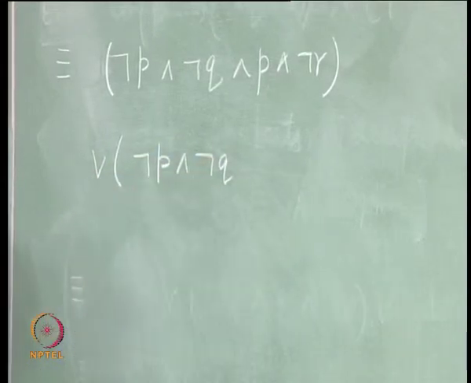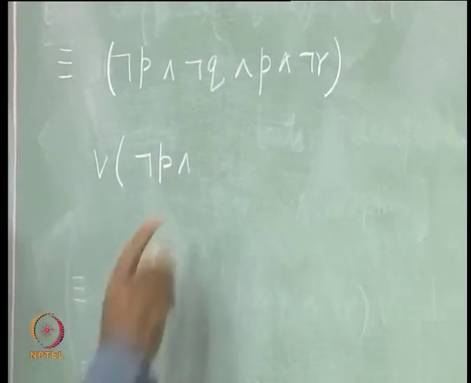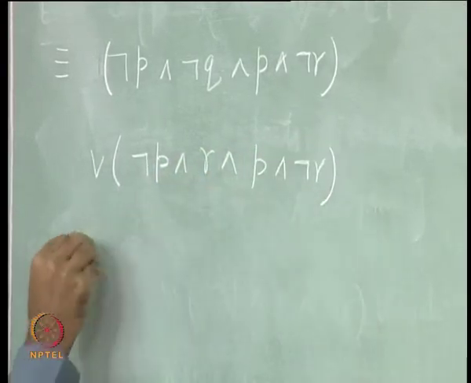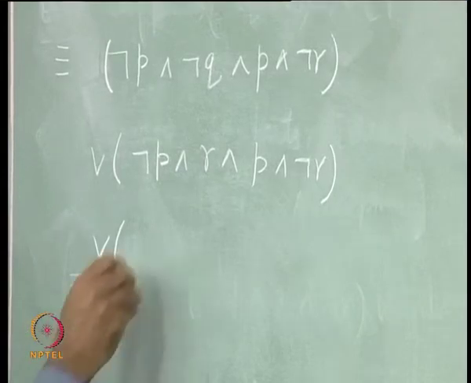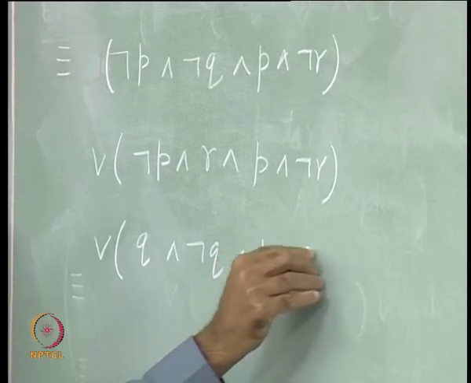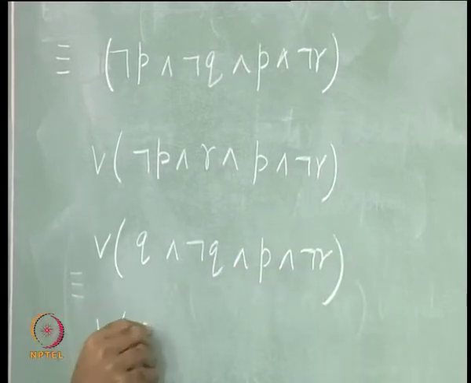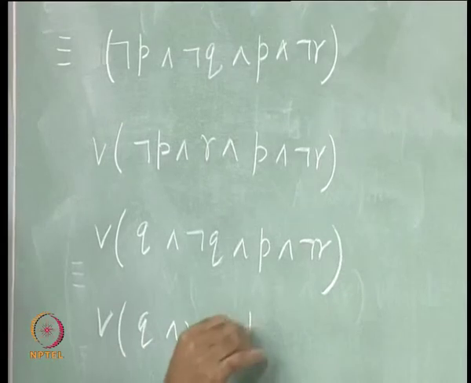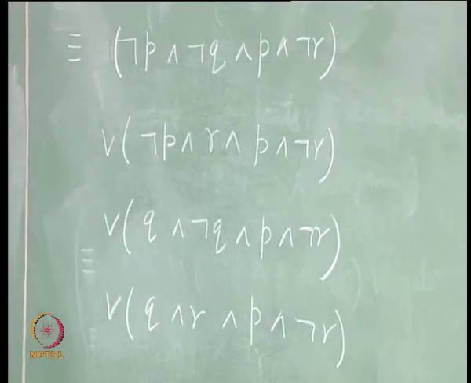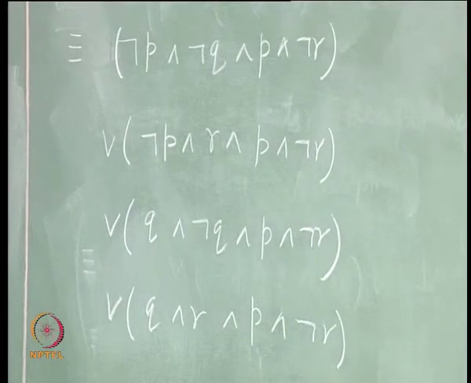So, I take R now and P and not R, or I take the next factor Q and not Q and P and not R, or Q and R and P and not R. Okay. So, this is in DNF.